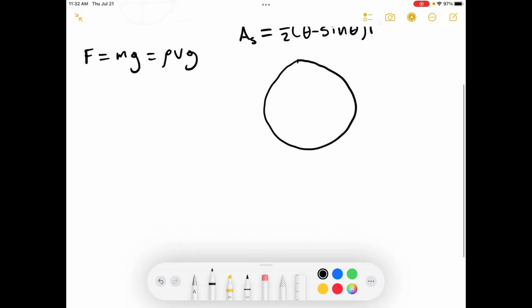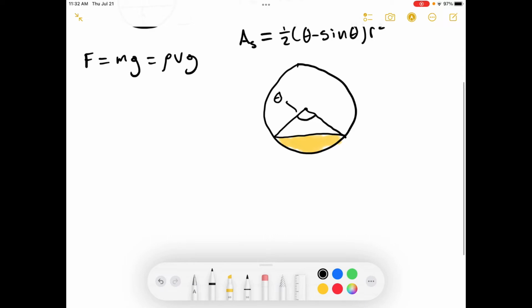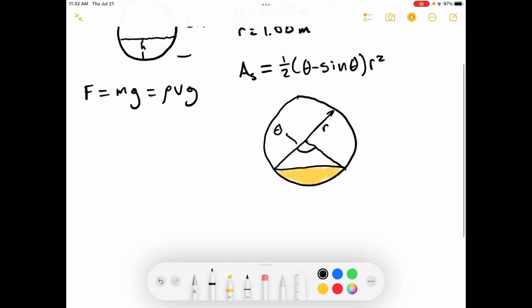The circle section looks something like this. You have the center of the circle here. You are taking a section of the circle right here. The highlighted section is the section of the circle. Theta is the angle right here. That's theta. The radius, r, is right there.